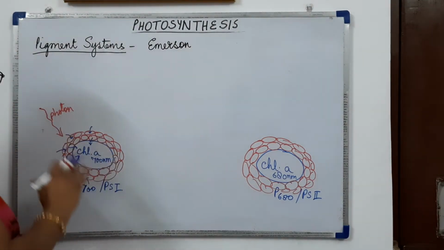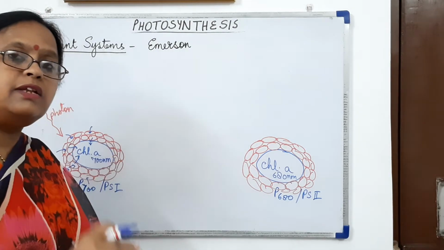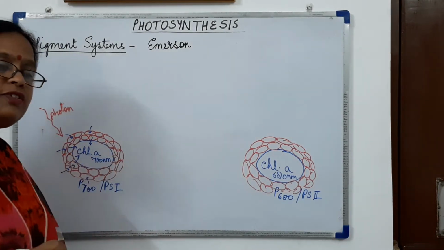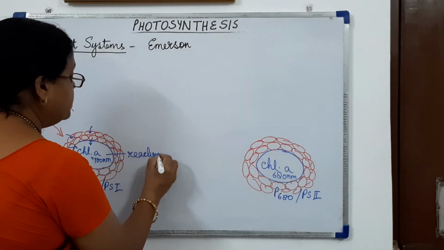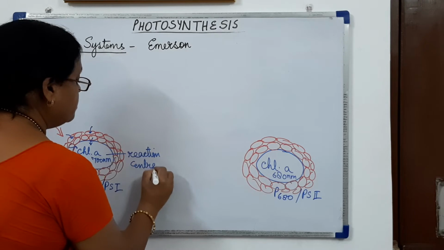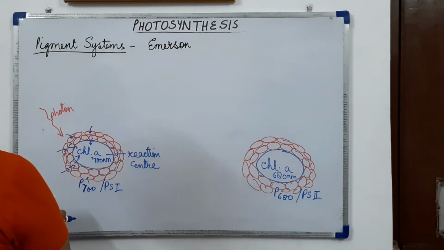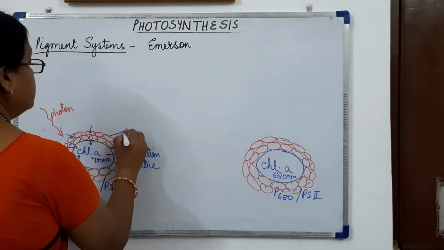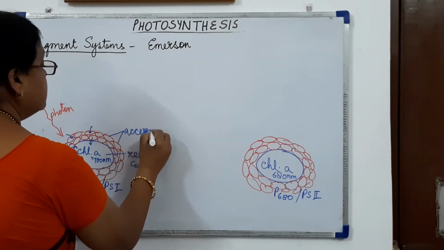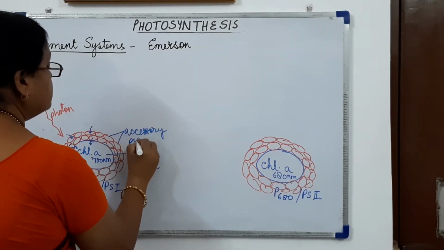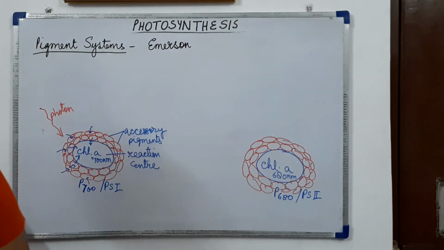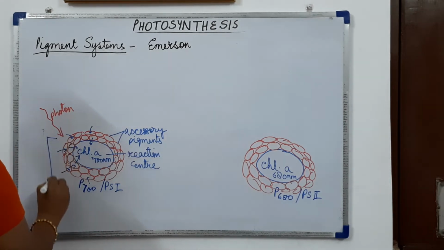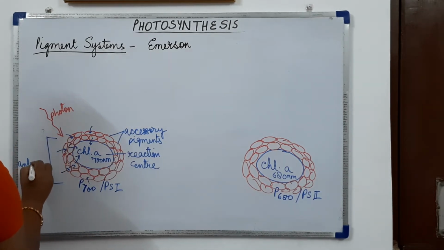Now after sufficient energy is transferred to this reaction center, this will be called the reaction center, and these are the accessory pigments, and this is called the antenna complex.